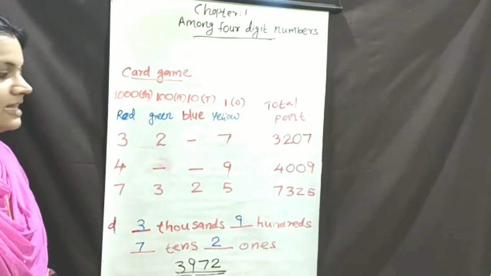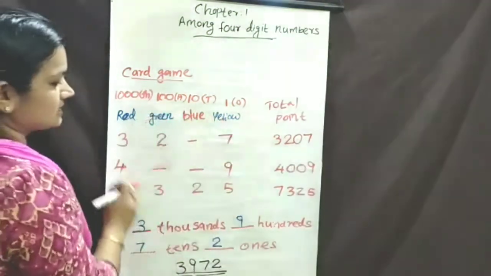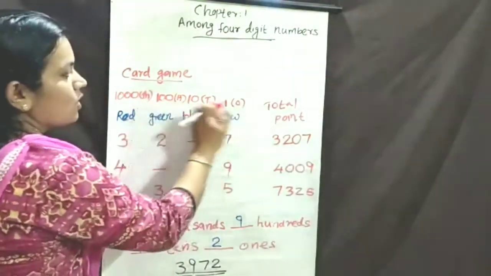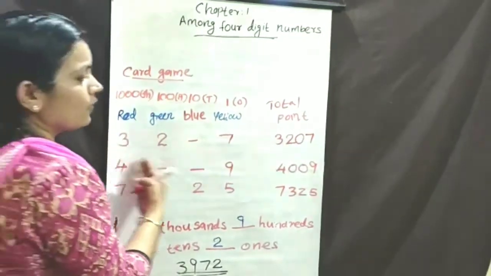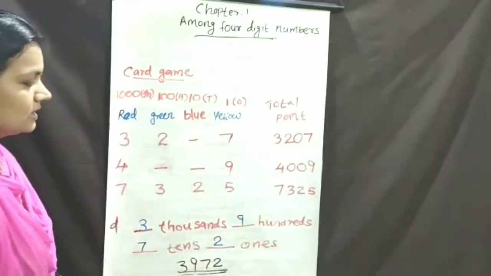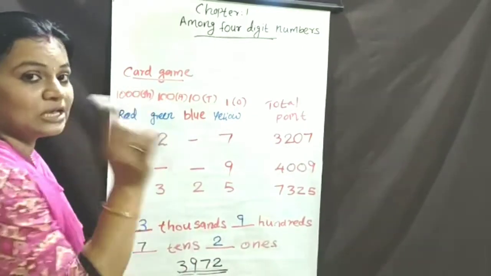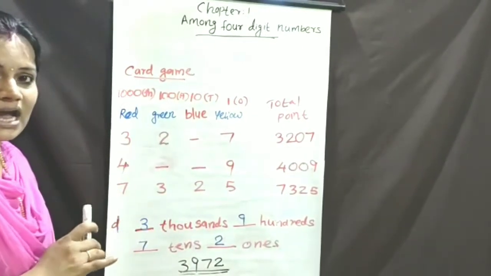Got it? These are the values arranged from our places: ones, tens, hundreds, thousands. Follow me on how to write the 4-digit number. The dotted is denoted by 0. Okay, understood.